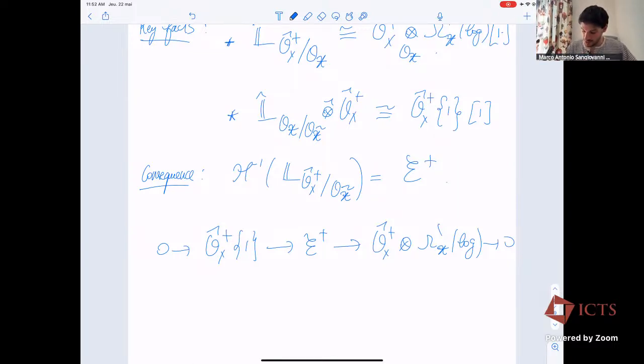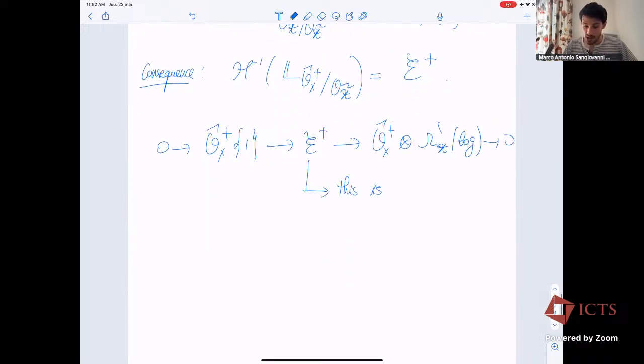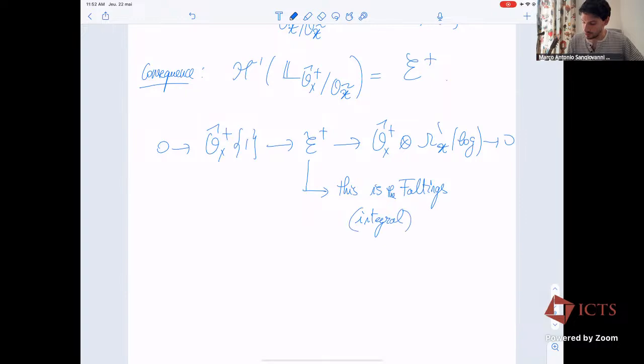So this is the integral Faltings' extension.